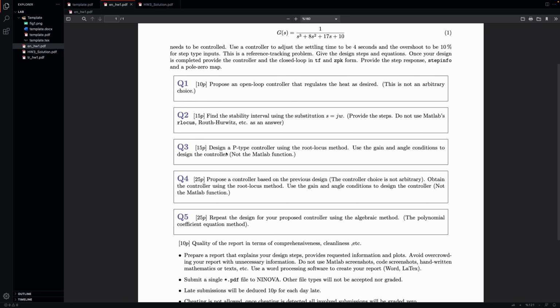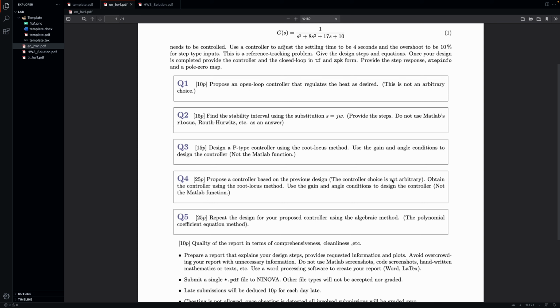Now, once we're done with that, question 4 is about proposing a controller based on Q3. So maybe there's something wrong about the design, maybe we're not satisfied with the result. So what would we do, or what controller would be a good choice for this, solely based on the root locus method, of course. Nothing else. The reasoning is based on root locus here. We should propose a controller.